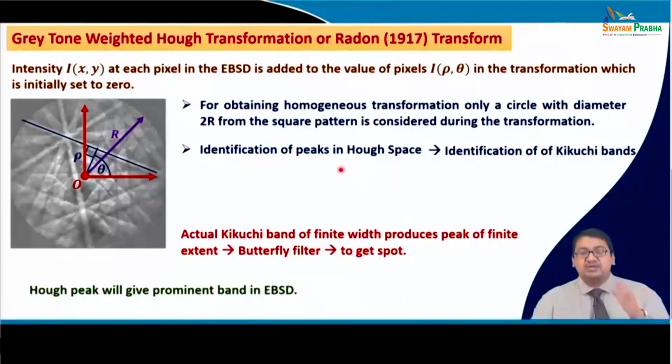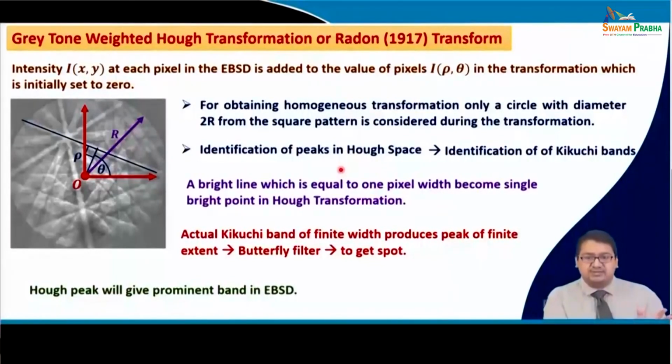Identification of peak of the Hough means identification of the bands in the Kikuchi pattern. The bright line in the Kikuchi pattern, if it is considered to be 1 pixel thickness or width, becomes a single bright point in the Hough transformation, right.